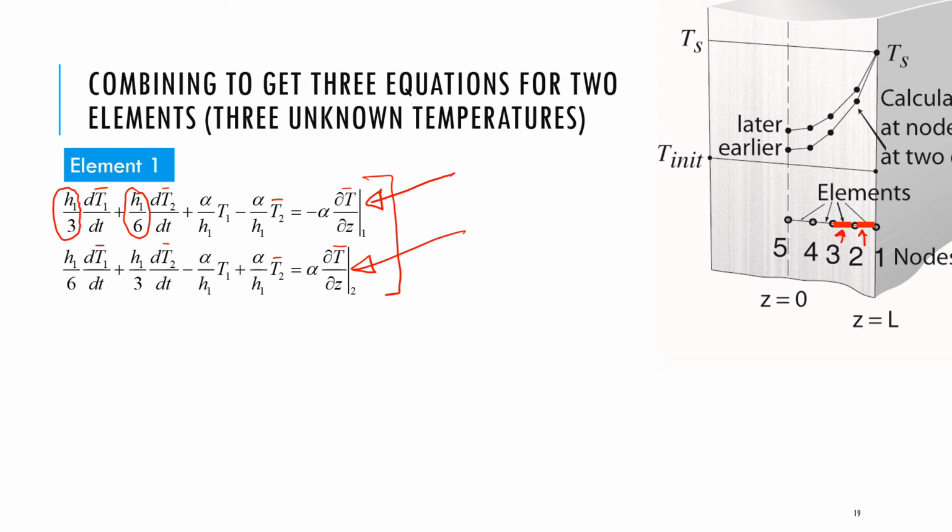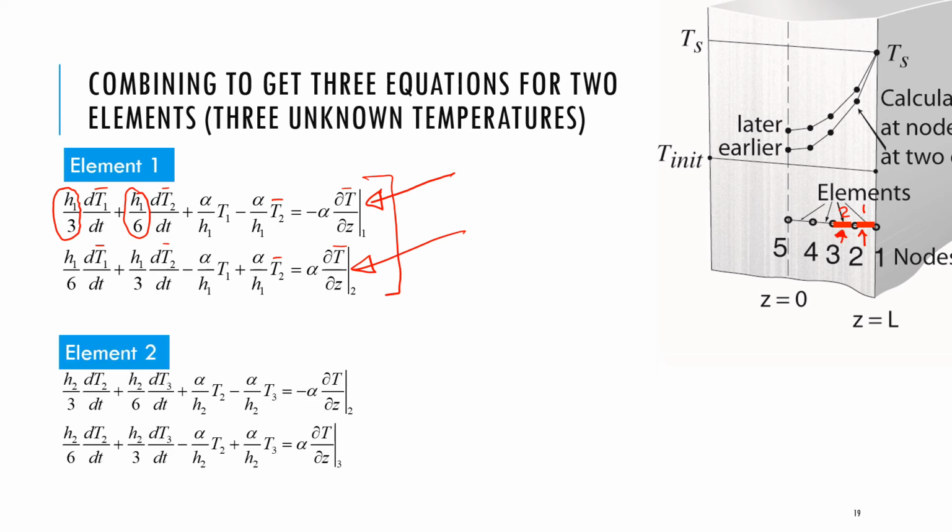So let's write the equation also for the next element. That's element 2. So this is element 1, this is element 2. So I write for element 2 similar equations, very similar ones. So again, you get two equations. Now you notice that element 2 has this term that is the same as in element 1, but with an opposite sign.